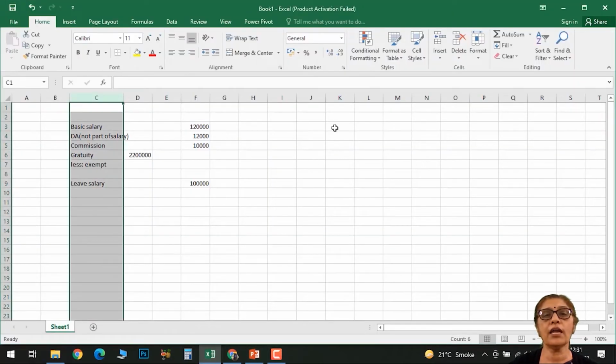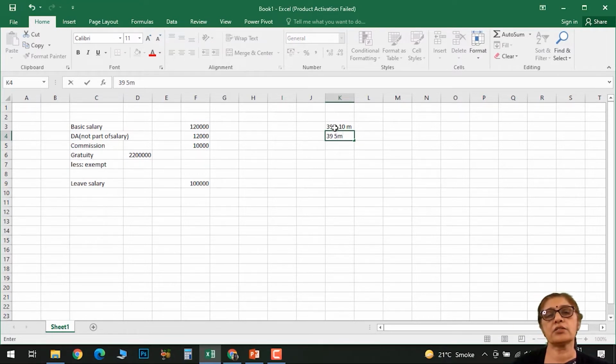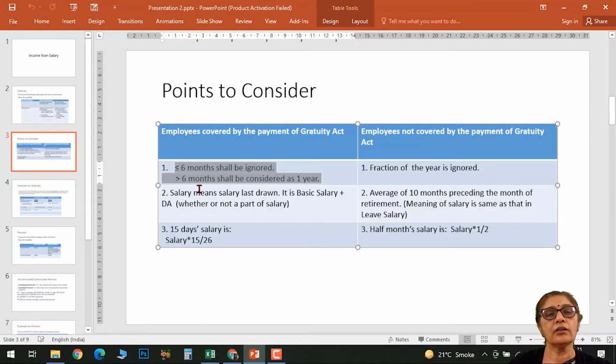So, let's say you have put in a service of 39 years and 10 months, or you have put in a service of 39 years, 5 months. If you have worked for less than or equal to 6 months, we ignore the months.